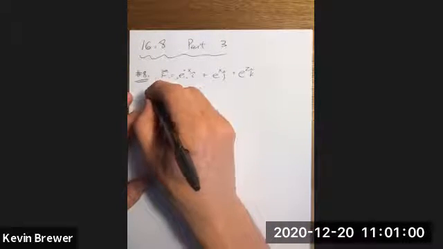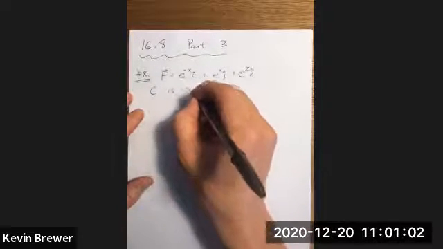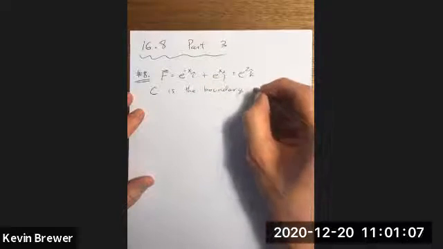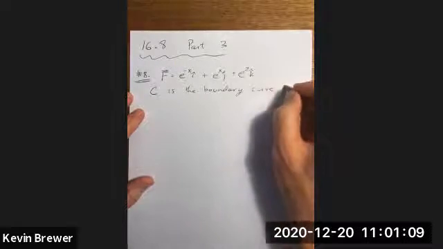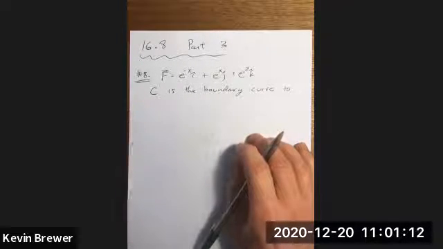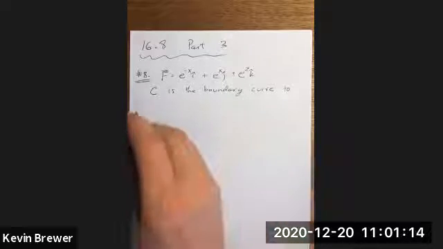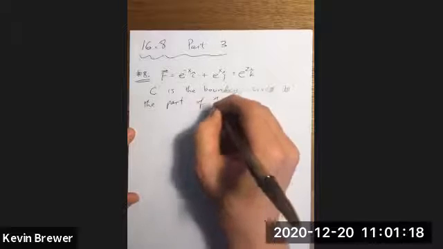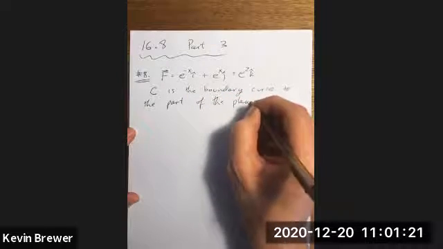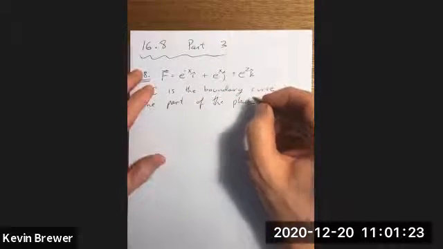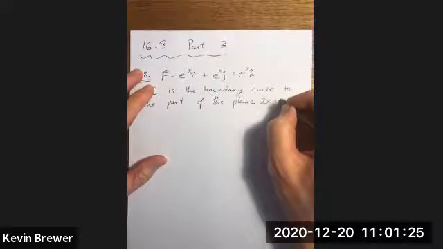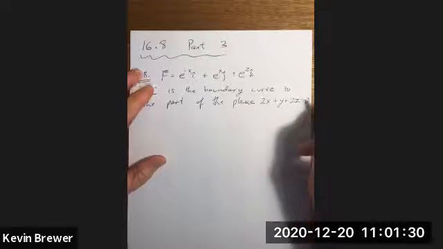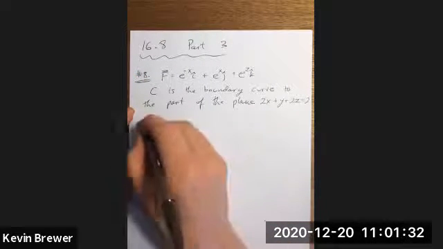And we're given that C is the boundary curve to the part of the plane 2x plus y plus 2z equals 2 in the first octant.